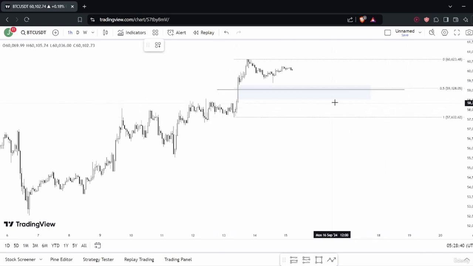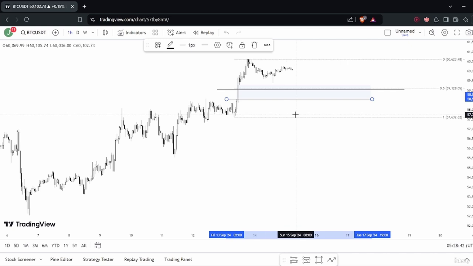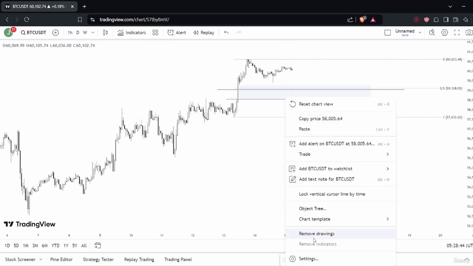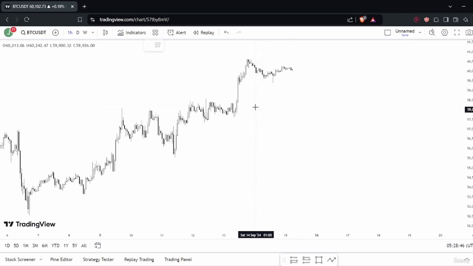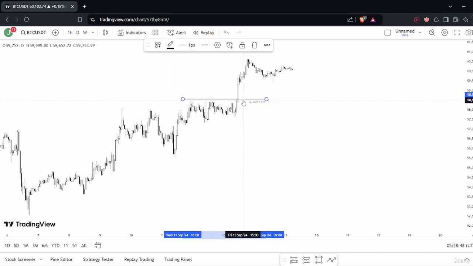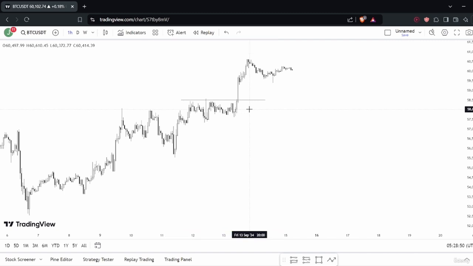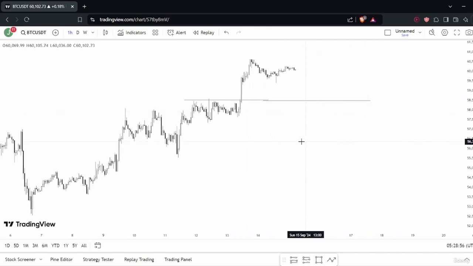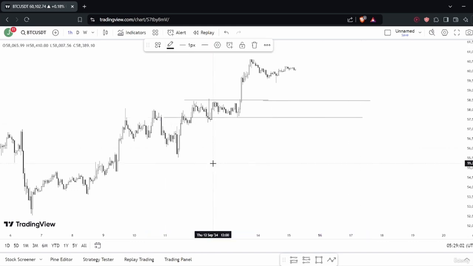Okay, this part, all of this, right? We want to see price not close below it. That's what I mean respect. We don't want to see a price closure below this fair value gap. If we close below this line that I marked there, it will be mostly bearish and we will end up going for all of these lows.